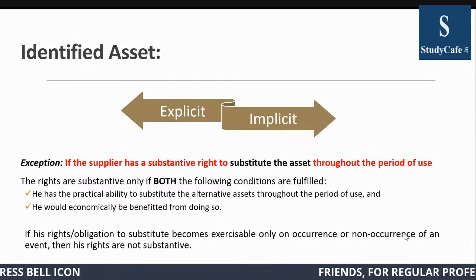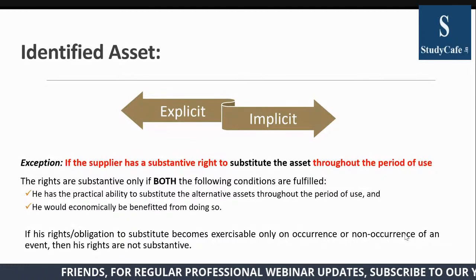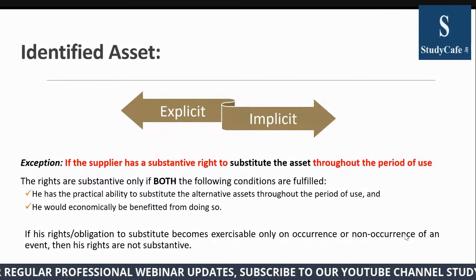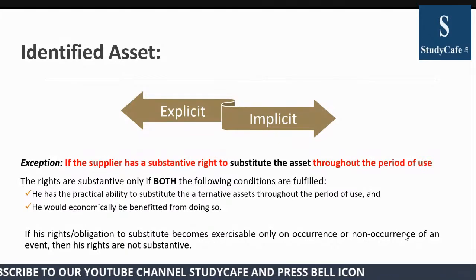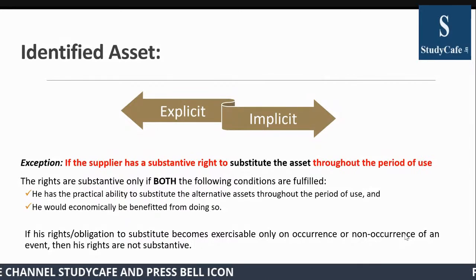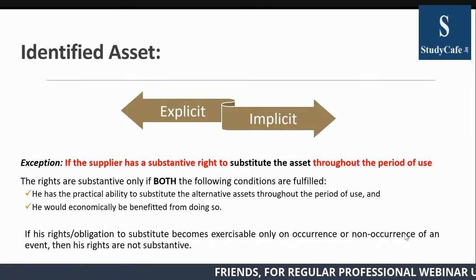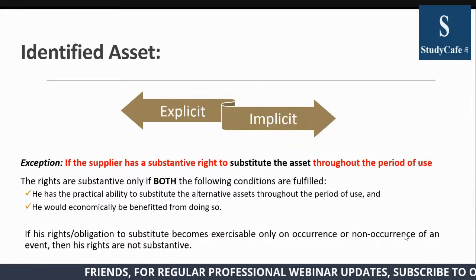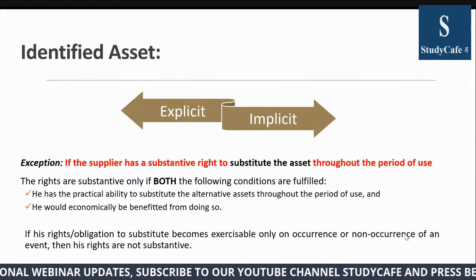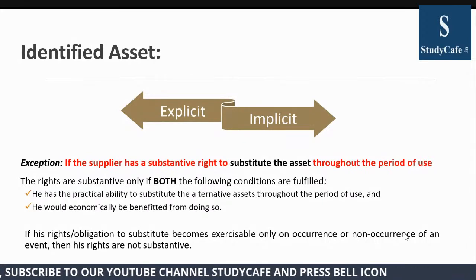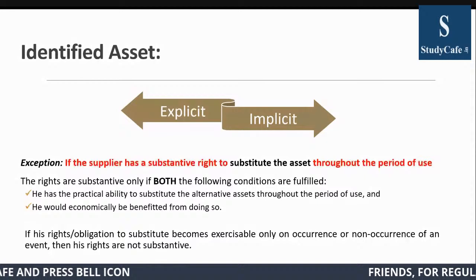So the lessor is required to assess if the removal and substitution of that machinery from the premises of the company is beneficial or not, whether the cost is huge or not, right? And if it is beneficial for the lessor, and the lessor has another machinery readily available to replace the old machinery, then in that case the rights are substantive, and then we will say that no, the machinery is not an identified asset, and there is no asset in our lease.